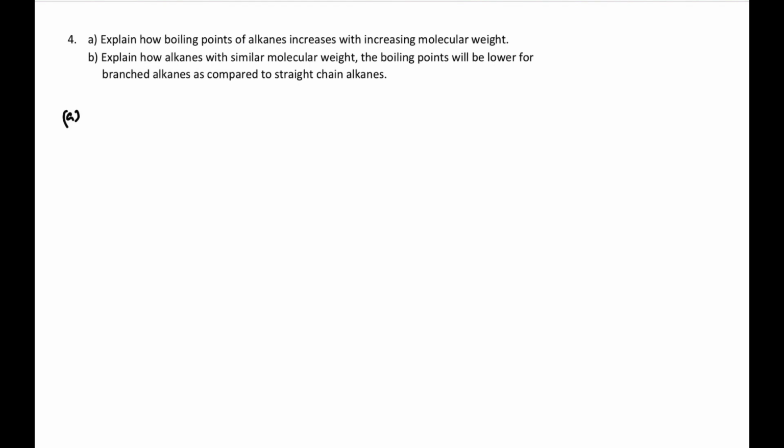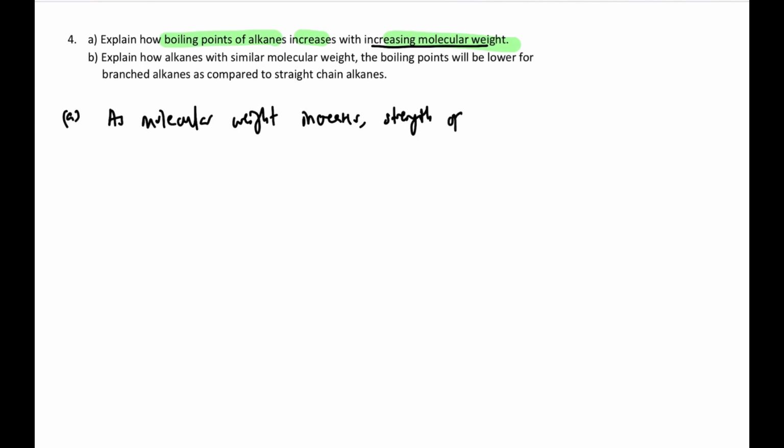Okay, hydrogen bond. Now, question number 4. Explain how boiling points of alkanes increases with increasing molecular weight. So, as molecular weight increase, strength of van der Waals forces of alkane also increase.